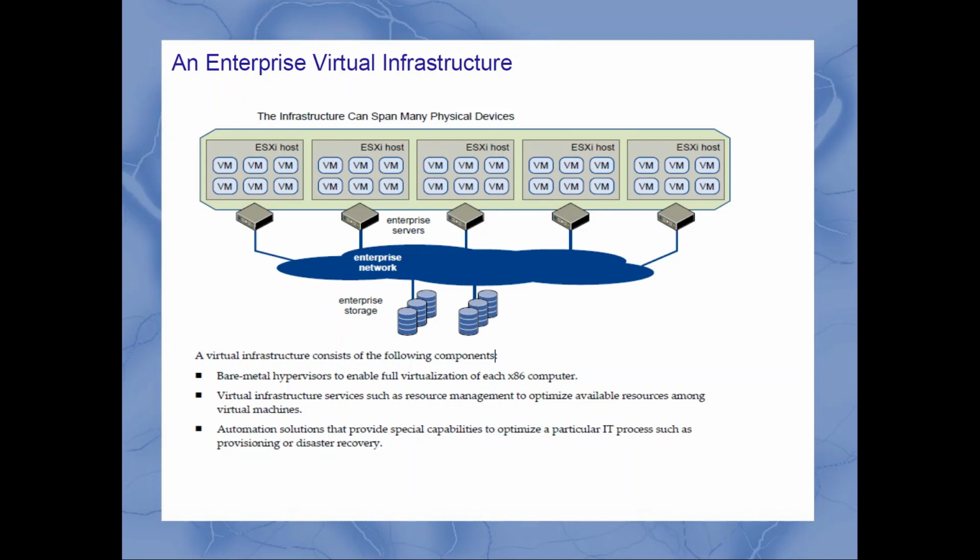Virtual infrastructure consists of the following components: bare metal hypervisors, which is ESXi, virtual infrastructure services such as resource management, and automation solutions that provide special capabilities to optimize a particular IT process such as provisioning or disaster recovery. So all of these components allow us to manage a large virtual infrastructure, monitor it, and be able to support it in the event of a disaster or any other issue that could happen to that data center.